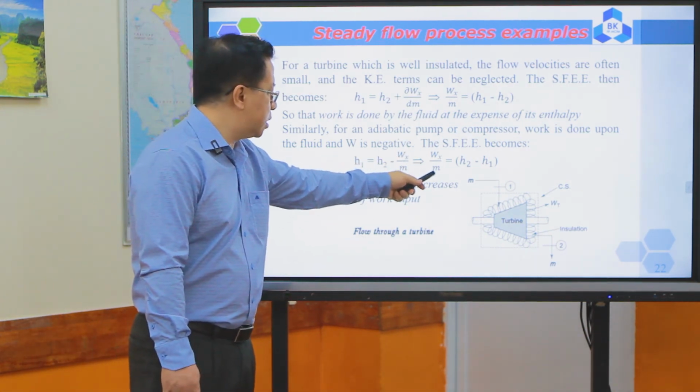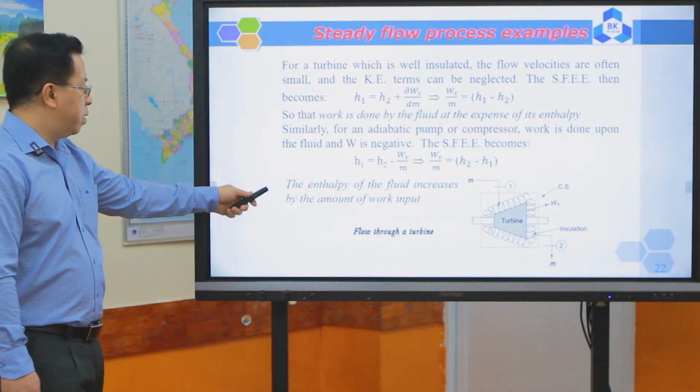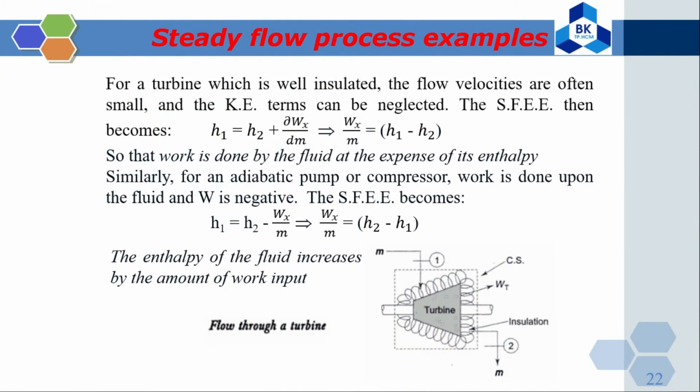So negative Wx will be equal to H2 minus H1. So it means the enthalpy of the fluid increases by the amount of the work input. So this one is an example picture of the flow going through the turbine.